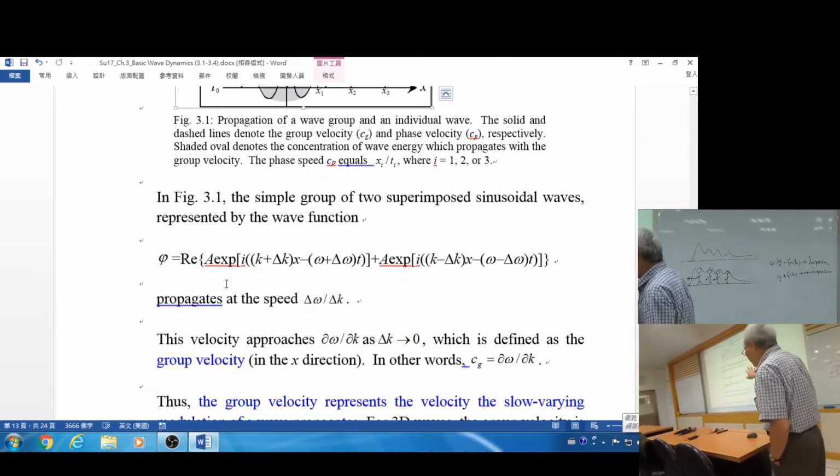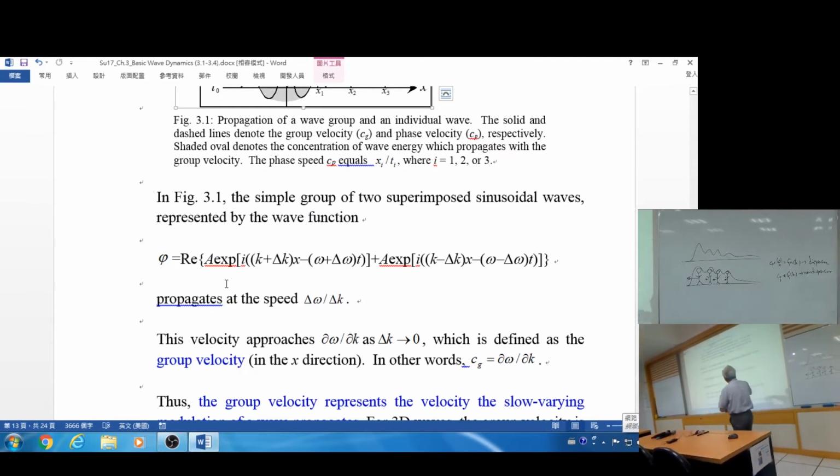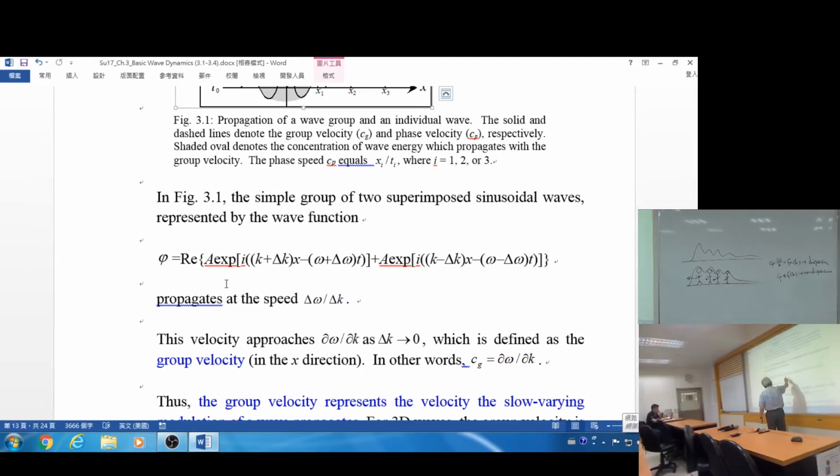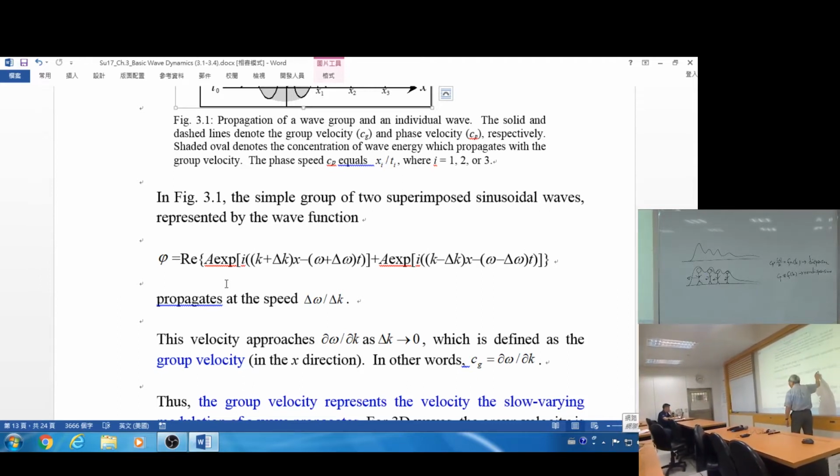Okay, so you can prove that by considering two waves, just two waves. One with k plus delta k, one with k minus delta k.